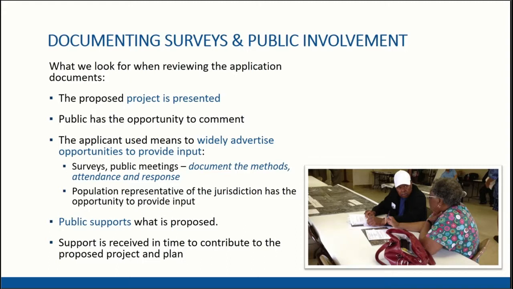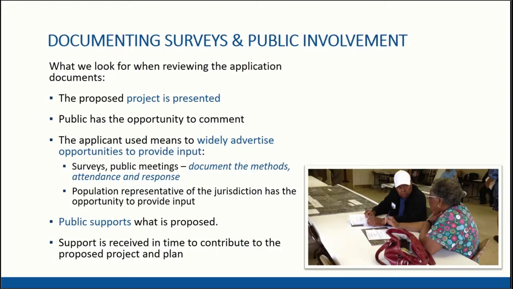Is the population representative of the jurisdiction, and has it had the opportunity to provide input? It's not just putting surveys or meeting announcements at your community center, because you probably have just a small number of your population in your jurisdiction that go to the community center. How do you reach all the other groups in the community? We also look to see that the public actually supports what is proposed.